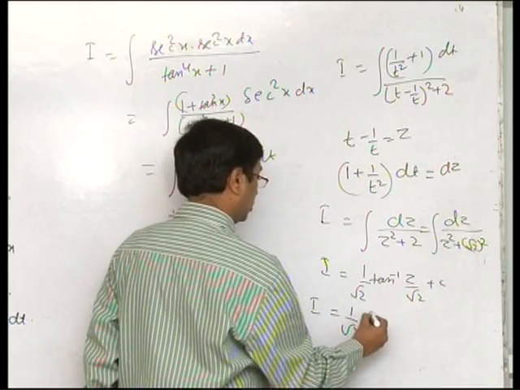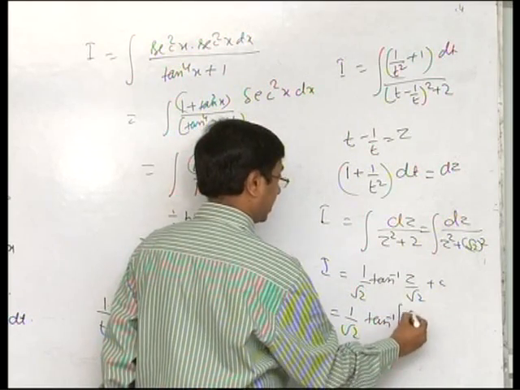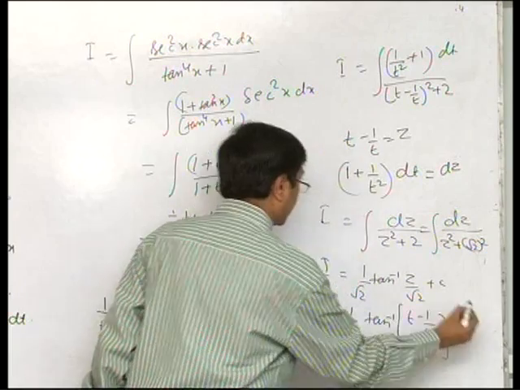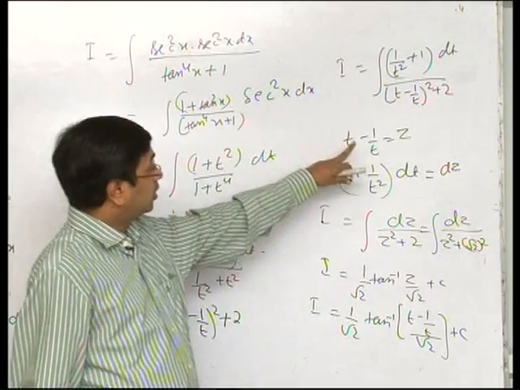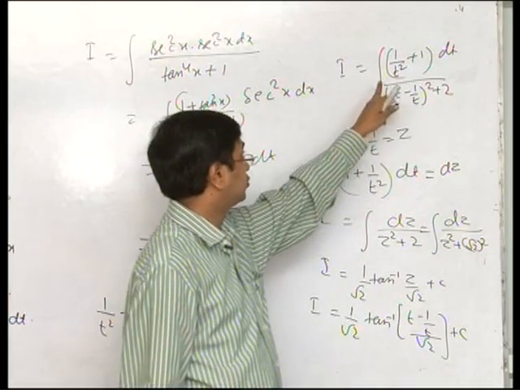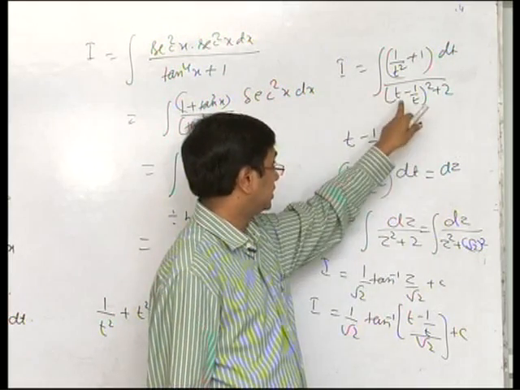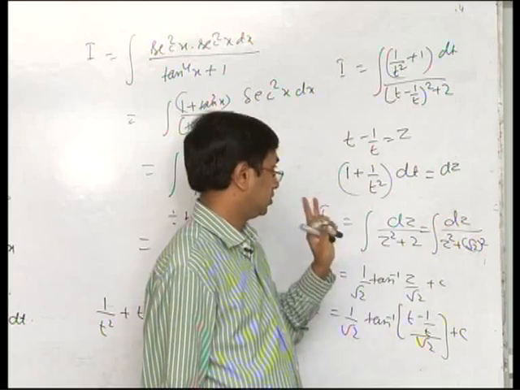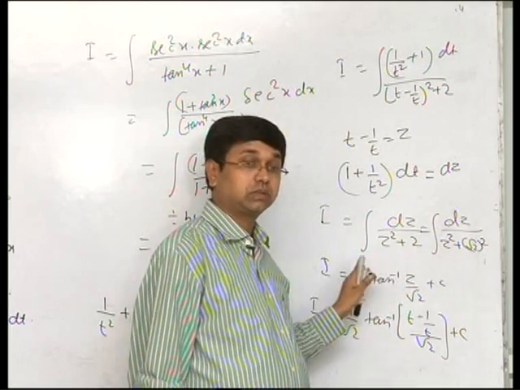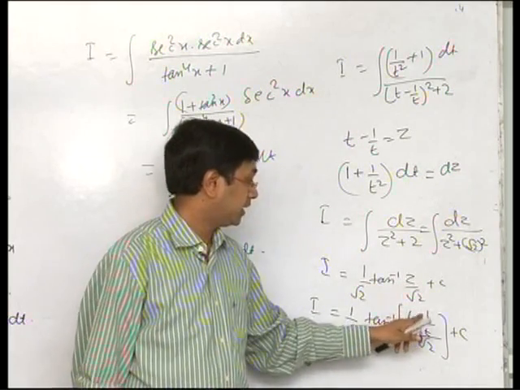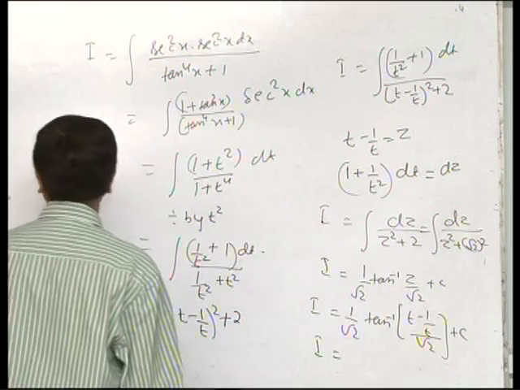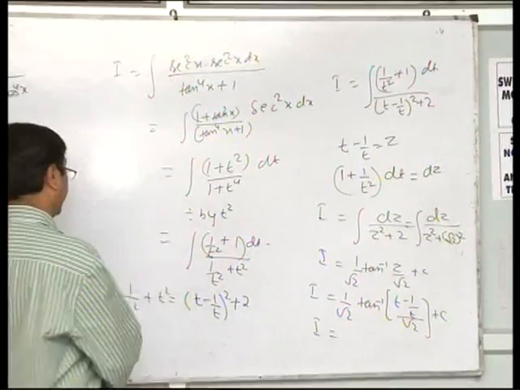So 1 by root 2 tan inverse, what is z? So t minus 1 by t was z, 1 plus 1 by t square dt became dz. So this was substituted as dz, this becomes z square plus 2 as it is, and then we applied the formula x square plus a square is 1 by a tan inverse x by a, and finally what was your t, as it was tan x.